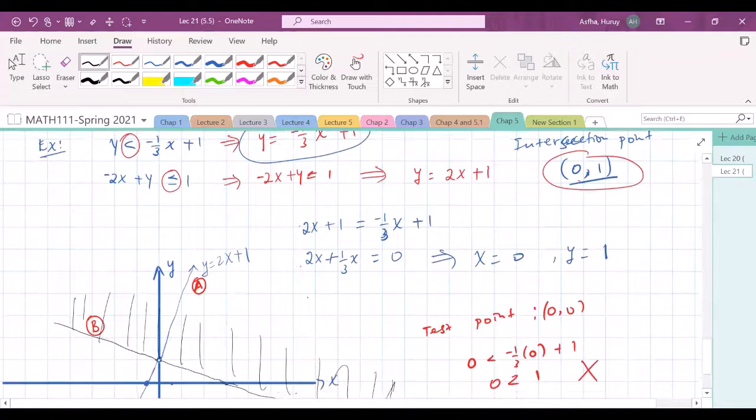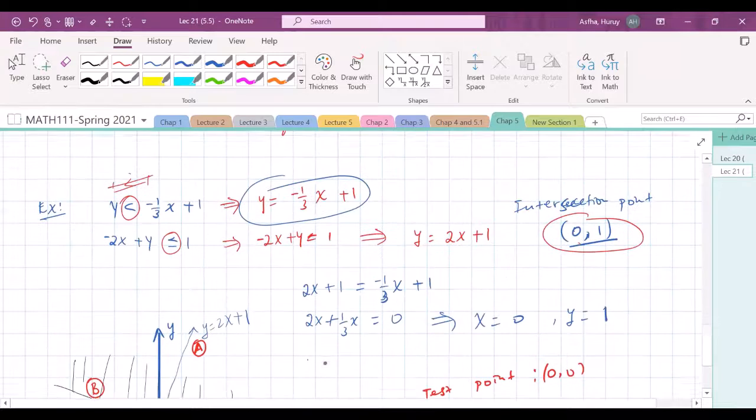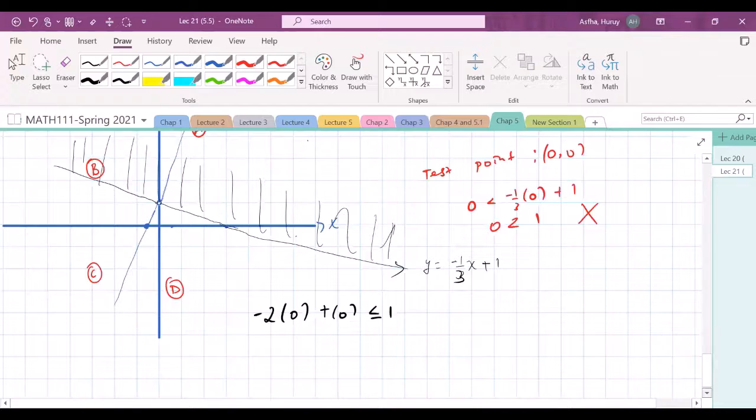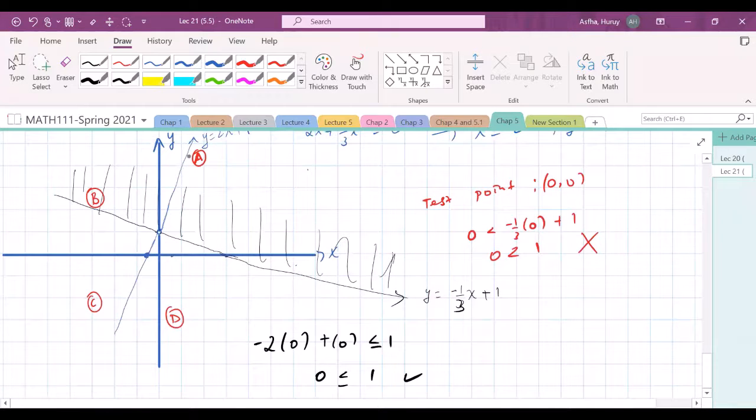The equation was -2x plus 0 less or equal to 1. So here we have 0 less or equal to 1. And as you can see, this is true. 0 is less than 1. So if we consider this line, the test point is below the line, which means all this part is the solution to this inequality.